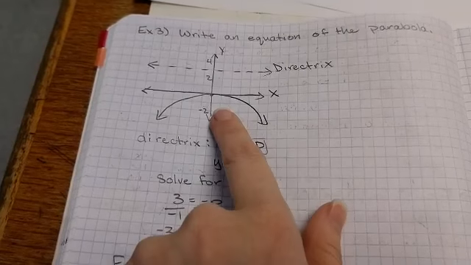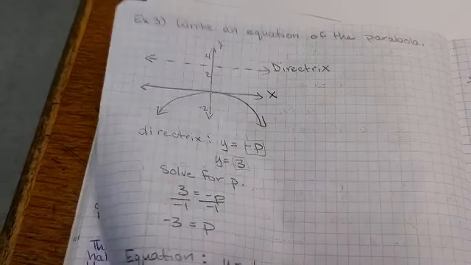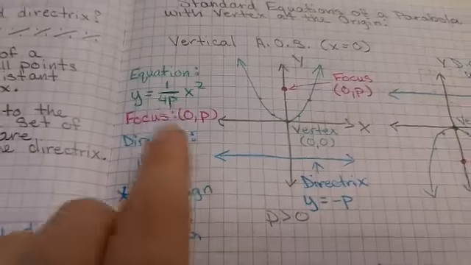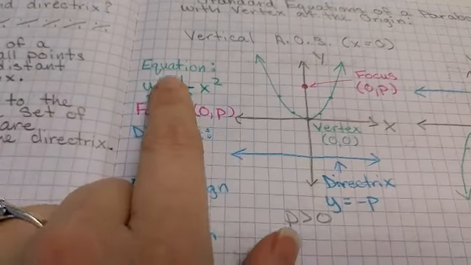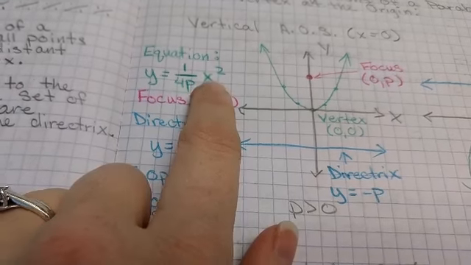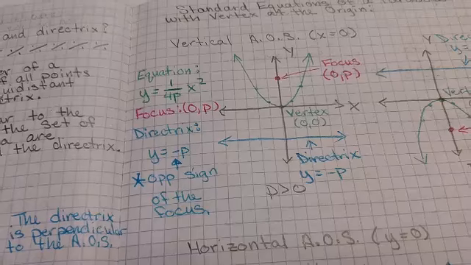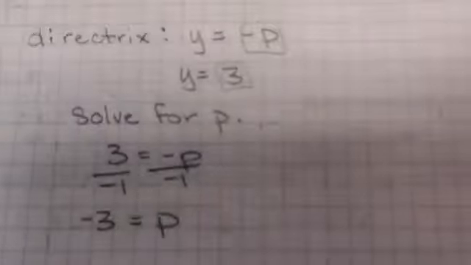Now if I have this graph that's opening down, and I go back to my little helpers over here, it says if it's opening down, my equation is y equals 1 over 4p x squared. So I'm going to copy that down over here.